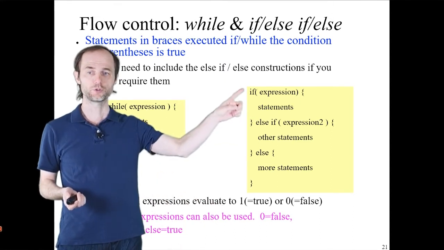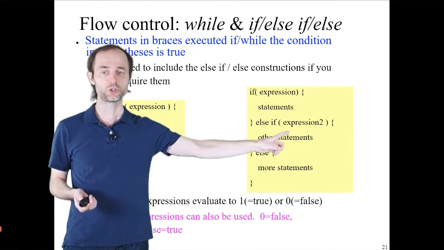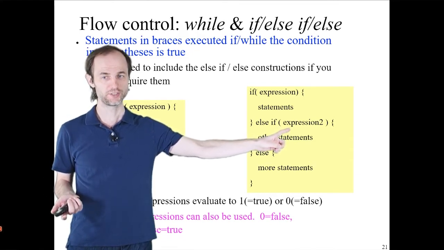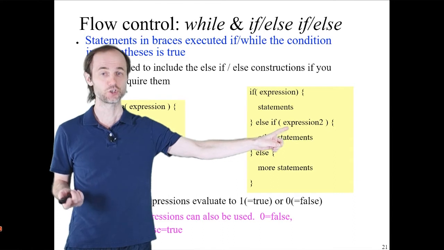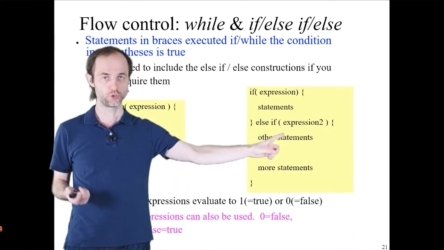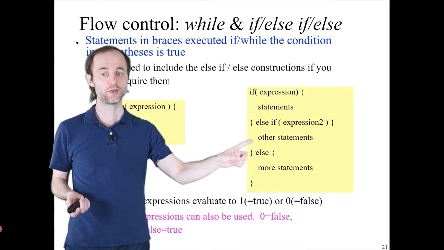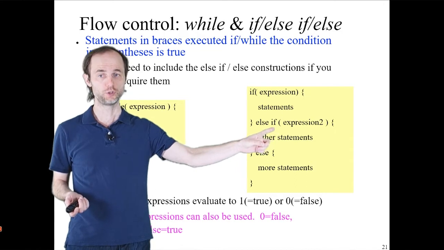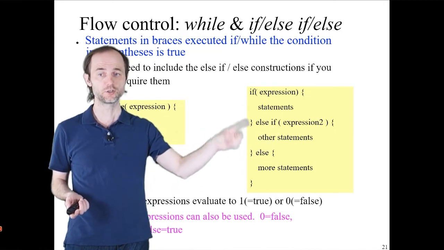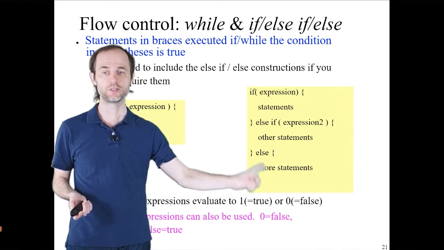If the first one is not true, we go to the else if, the second statement, and we check whether expression 2 is true. We'll discuss what truth means in the language of C. It will then carry out the other statements if expression 2 is deemed to be true. And if neither of these is true, then it will go into the else statement and carry this out.